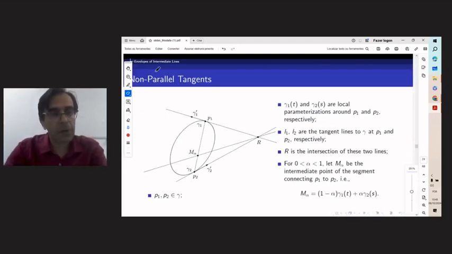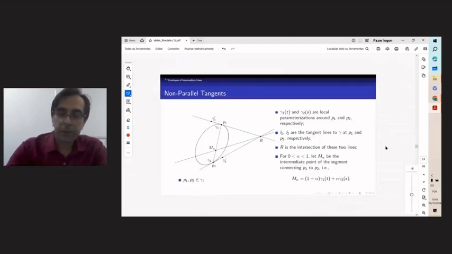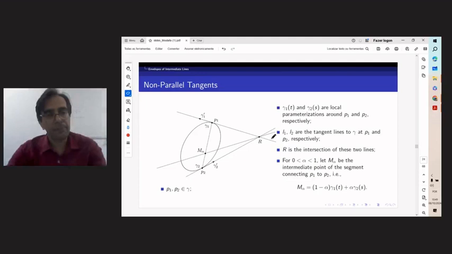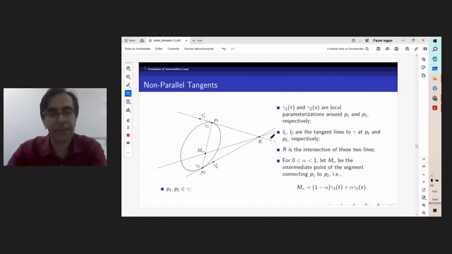Now we are going to study the envelope of this family of lines. We study this case by case, and we study the local behavior of this set, and it's not a very complicated aspect.